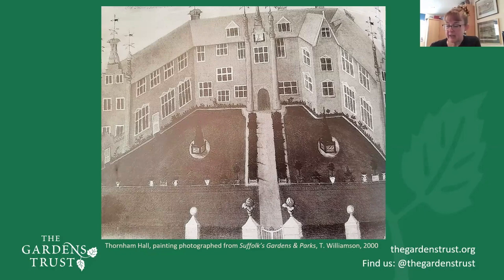There are clipped trees in pyramid shapes in Versailles style square planters. And there are clipped standards, you can just about make them out, in more boxes that line either side of the central path to the front door. So this actually tells us an awful lot about what this garden may have looked like in the 17th century.